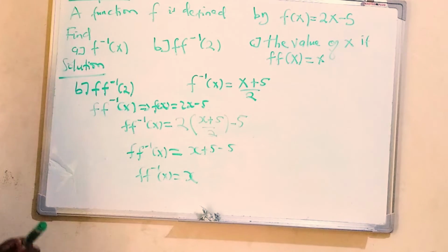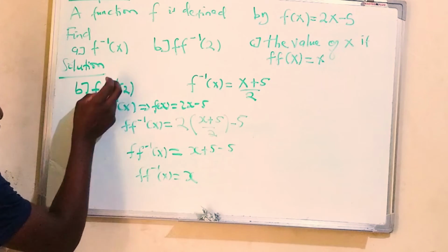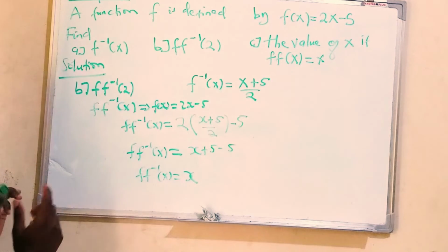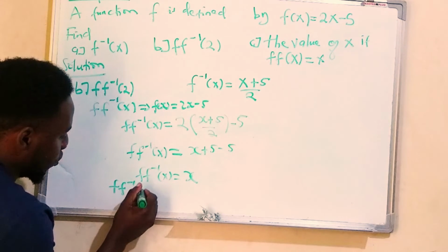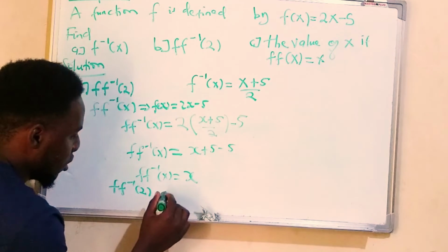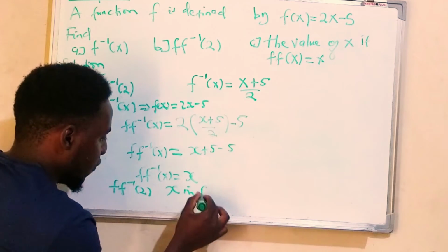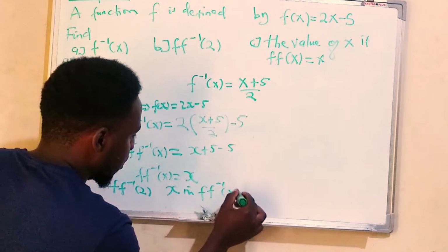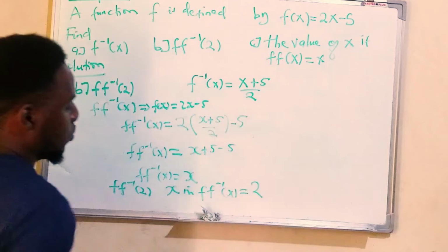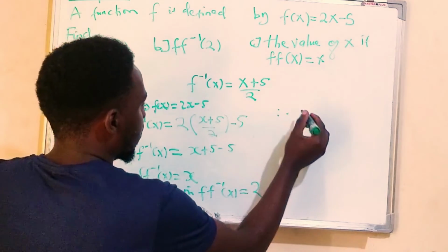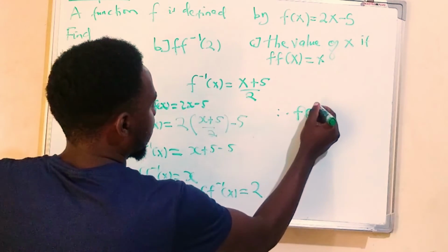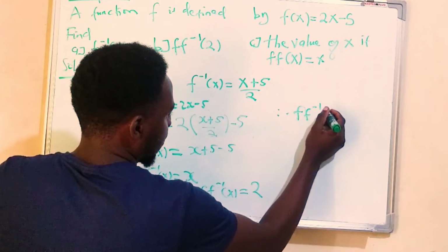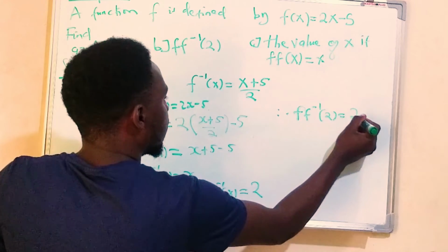Now they are saying f of f inverse of 2. That's what we are finding. So f of f inverse of 2 means that x in f of f inverse of x is equal to 2. Therefore, since x is equal to 2 in here, f of f inverse of 2 is actually 2 itself.